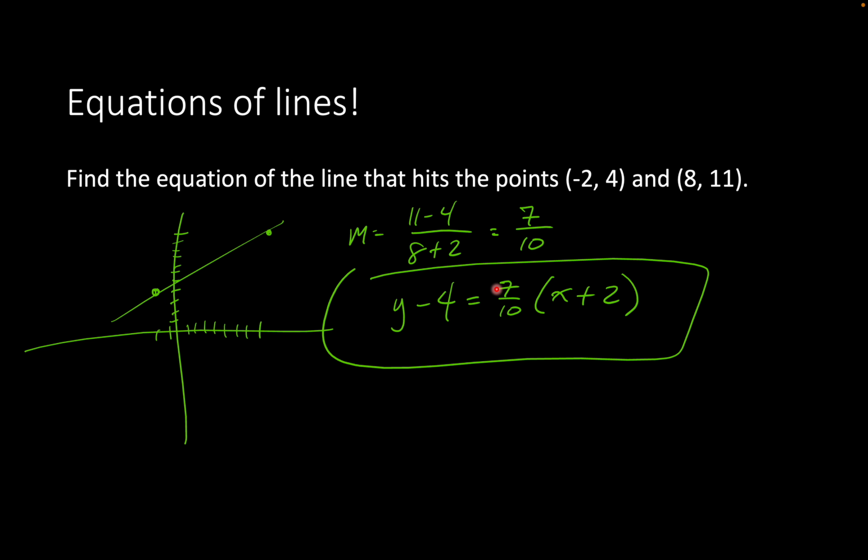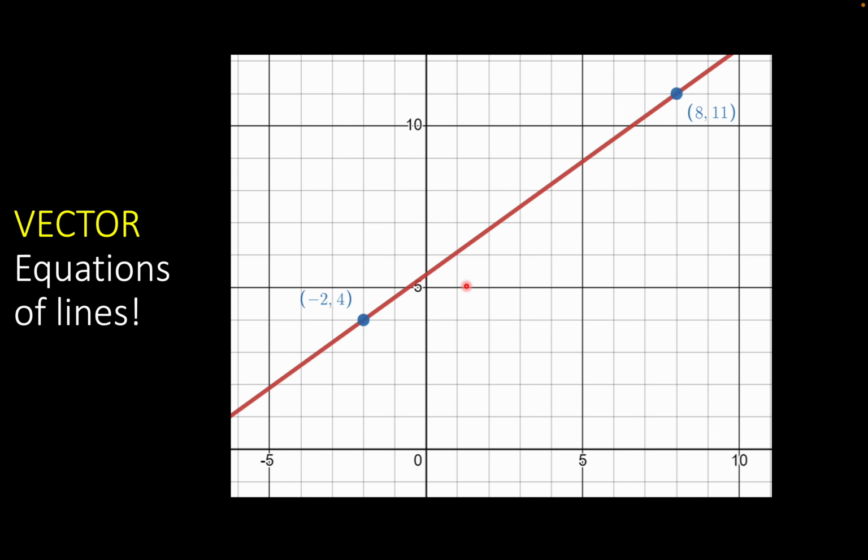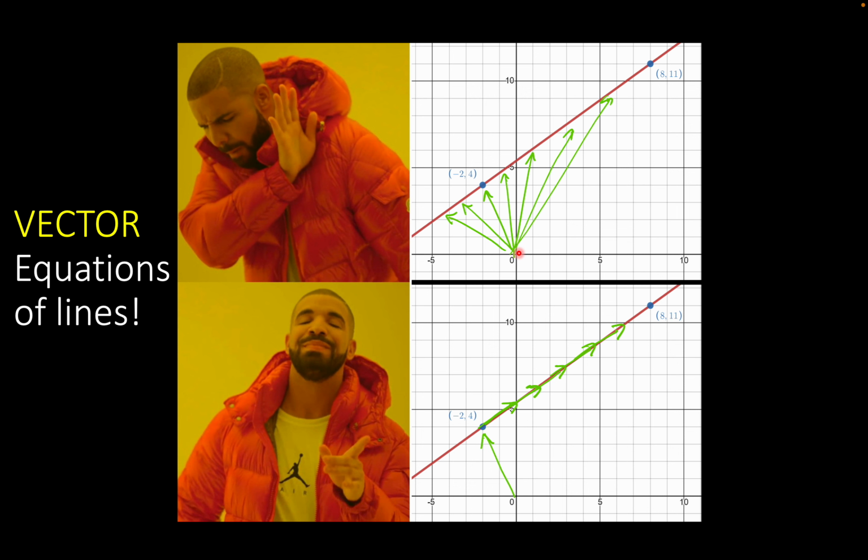So now, how could we use vectors to represent this line? Initial idea to represent this line using vectors might be to start from the origin and represent each point on that line with its own vector. Sadly, that's very unfortunate because that type of representation wouldn't really bear information about the slope or the direction of the line.